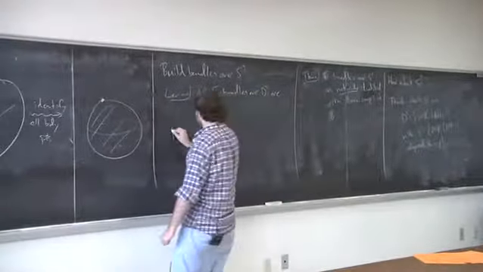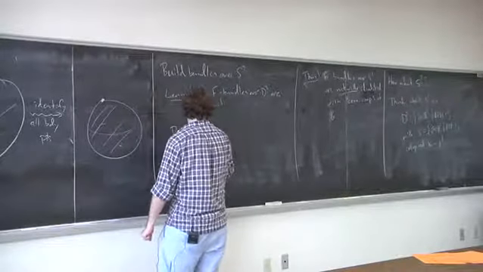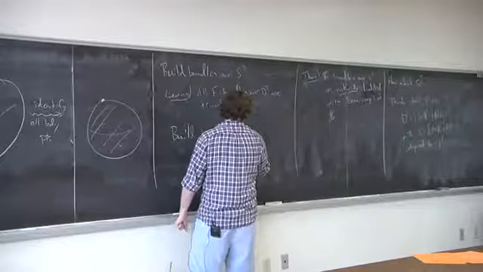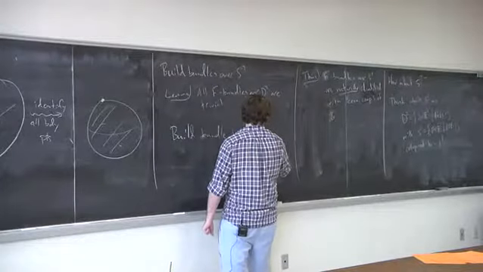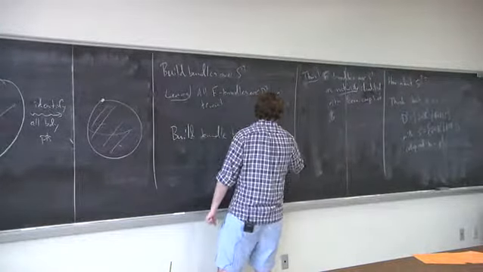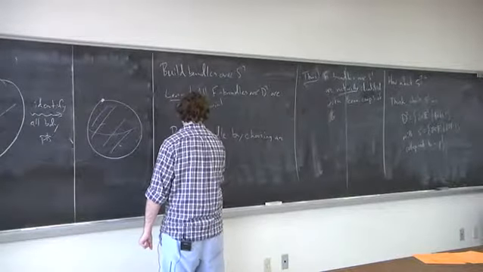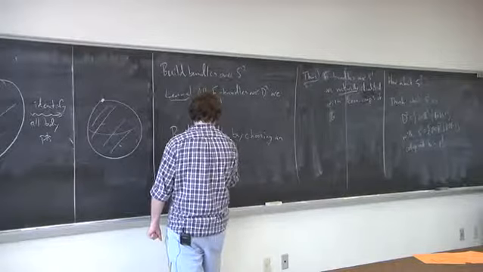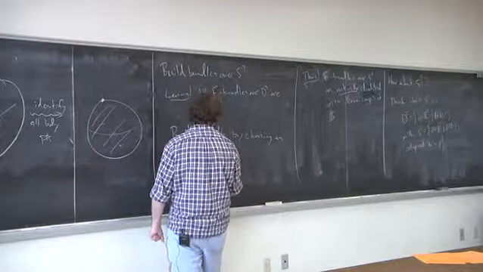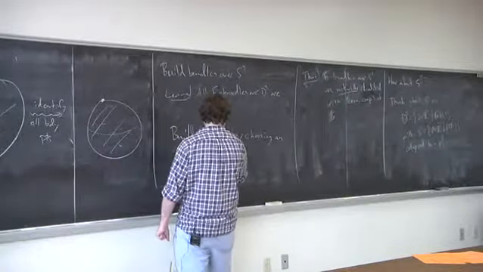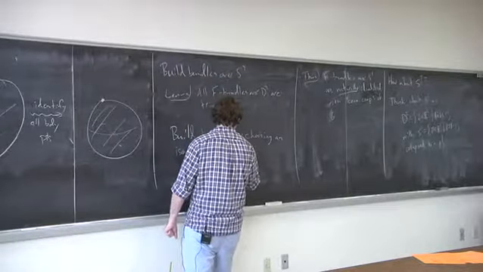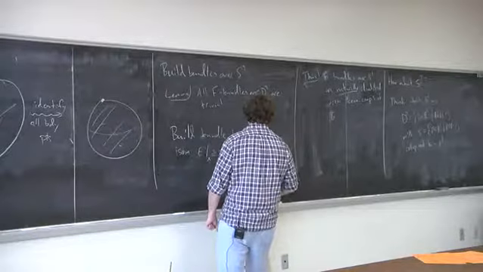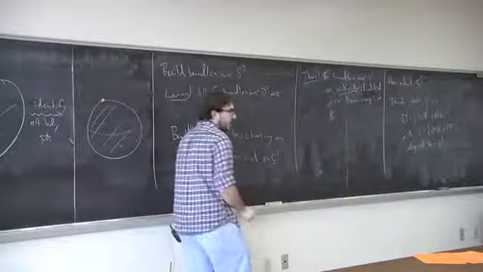So if I want to build a bundle by choosing an isomorphism of, let's say, E restricted to X, isomorphic with F, for each X in the boundary S1.